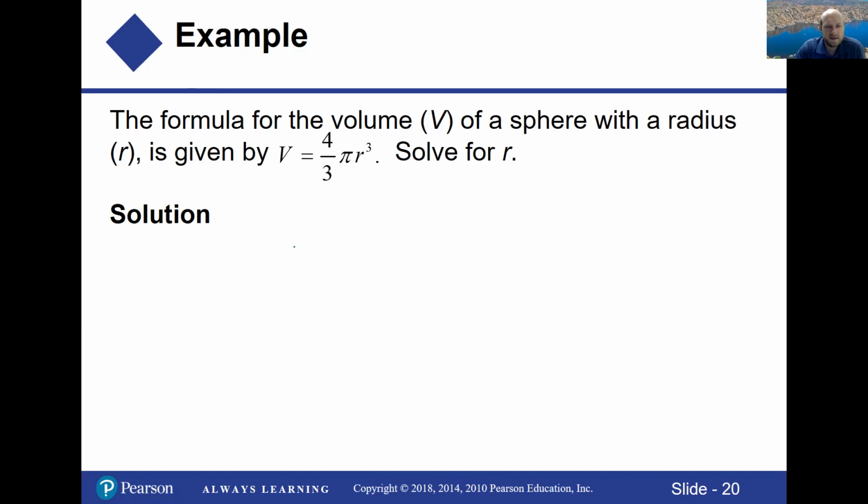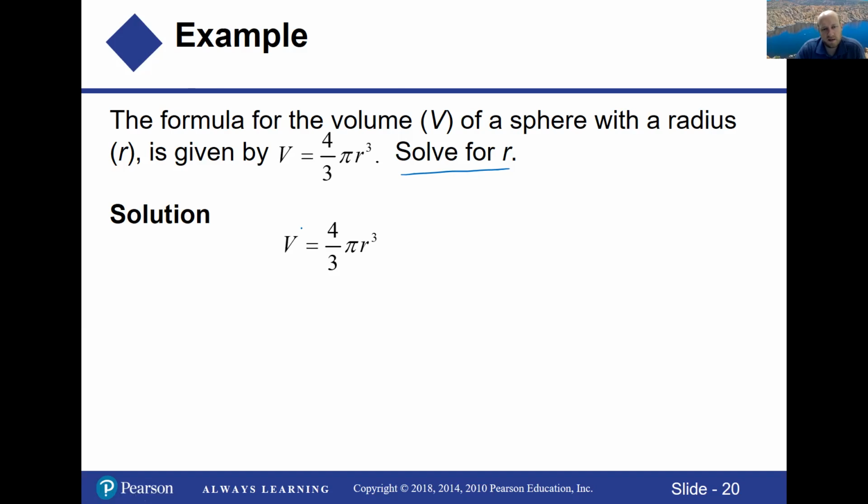What I want to do here is solve for r. So I have the volume equals 4/3 times pi r cubed. I want to get, what is the radius if we maybe have a volume number or something like that. So I think I copied this down. Let's go ahead and try this.